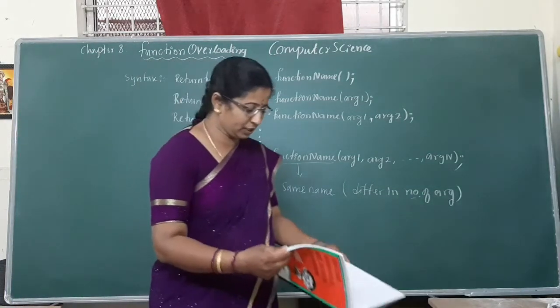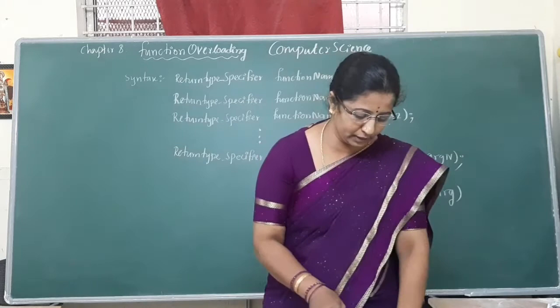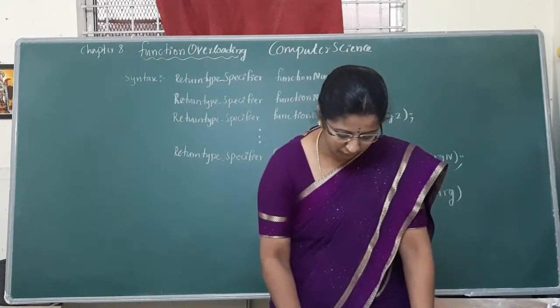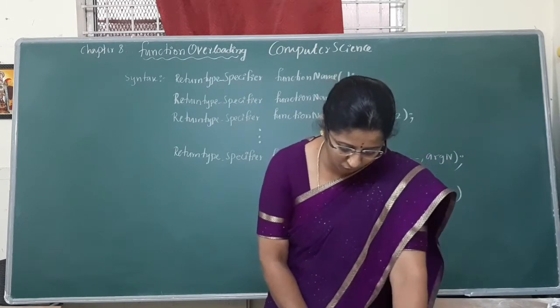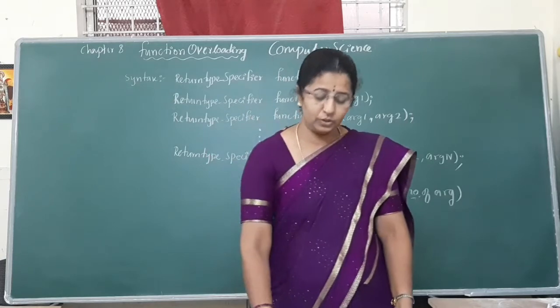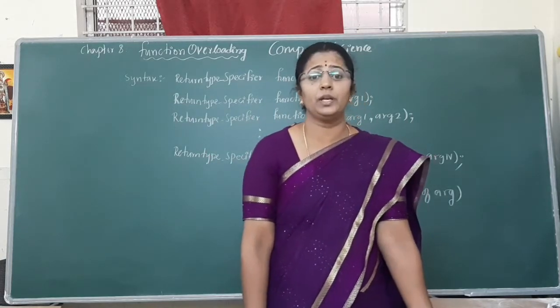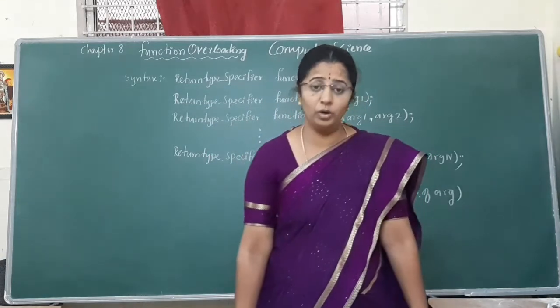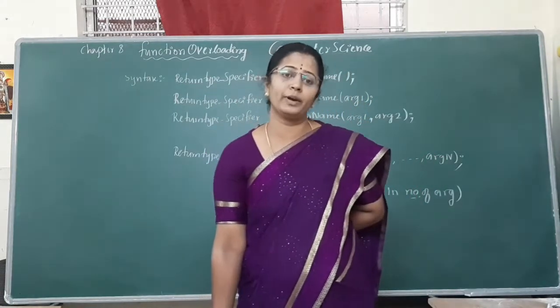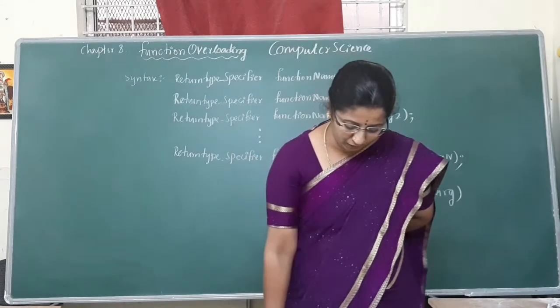What are the advantages of defining this? It is easy to implement the code. Code will be executed much faster. It gives an easy interface between program and real world object.